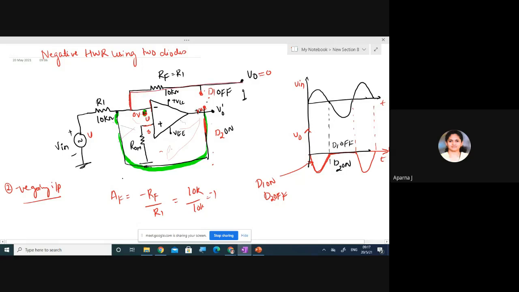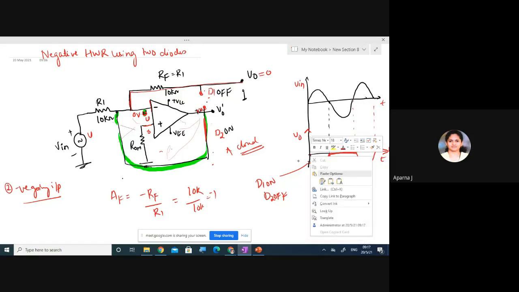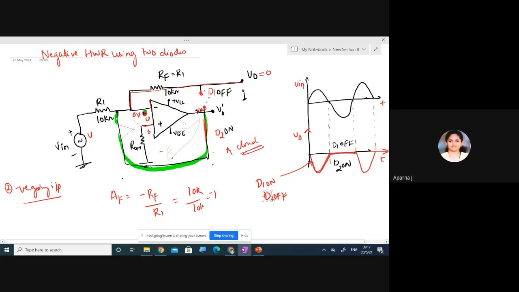So V naught will also be equal to 0. Even though V naught is 0, the circuit is working in closed loop, similar to a voltage follower. And when D1 is on and D2 is off, it is working as an inverting amplifier.